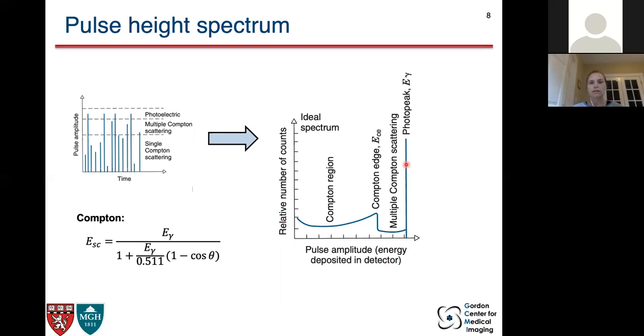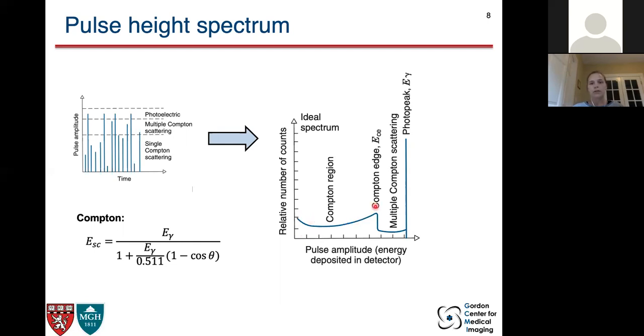We see here the photopeak, where the full energy of the incident gamma was absorbed in the detector. And then we have the Compton region, or the Compton continuum, which is a region with varying pulse amplitude, as we saw before, because the scattering angle will determine how much energy will actually be deposited in the detector.